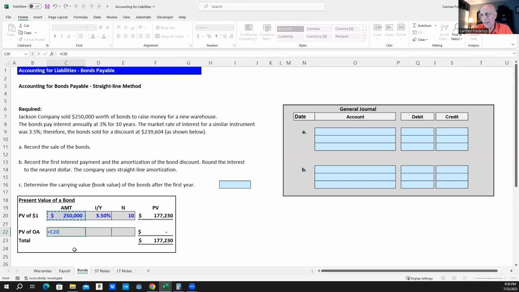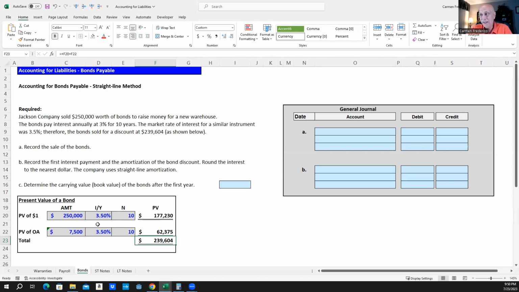So the bonds pay $250,000 times 0.03. They pay $7,500 a year annually. Sometimes bonds pay semi-annually, sometimes annually. Again, we use the 3.5% rate for a period of 10 years. The present value of the interest over the 10 years, what it's worth today, is $62,375. So that's where the $239,604 comes from.